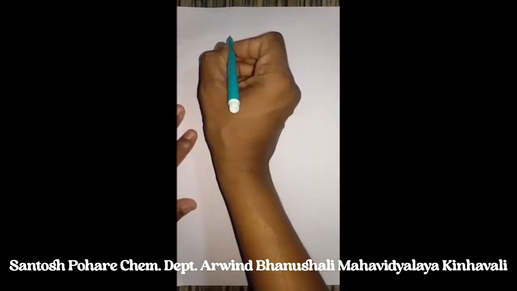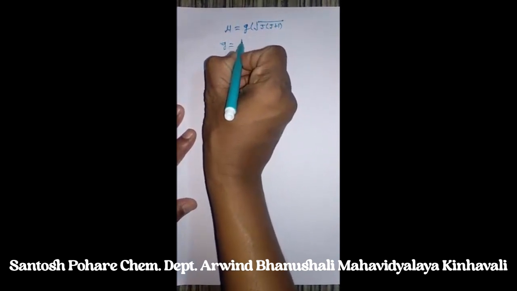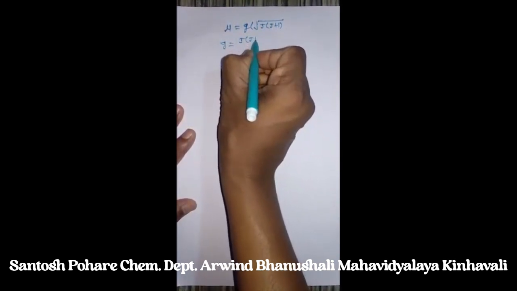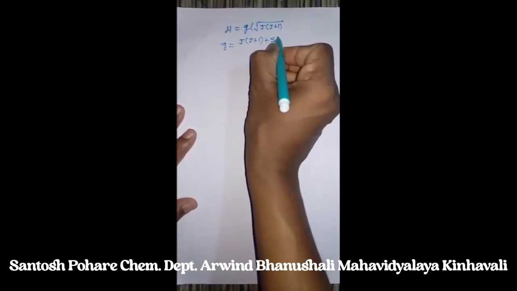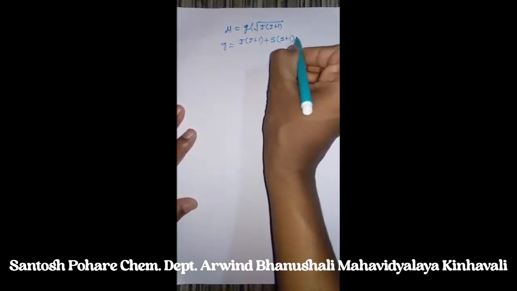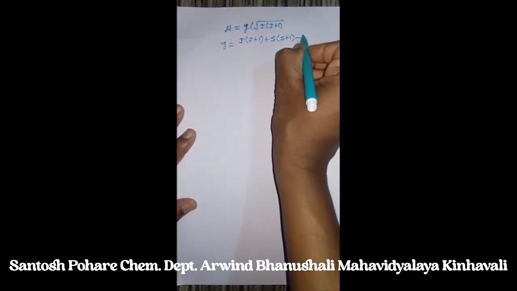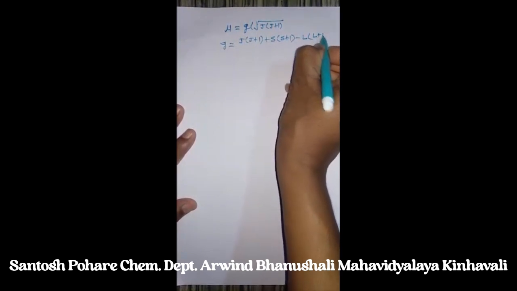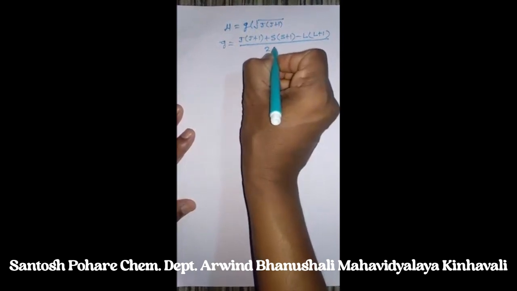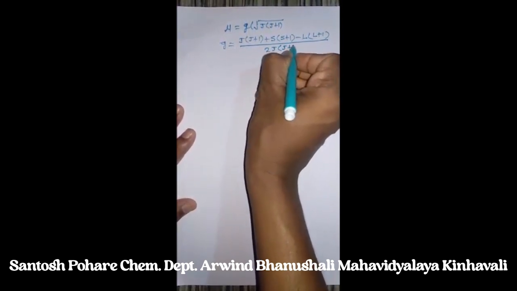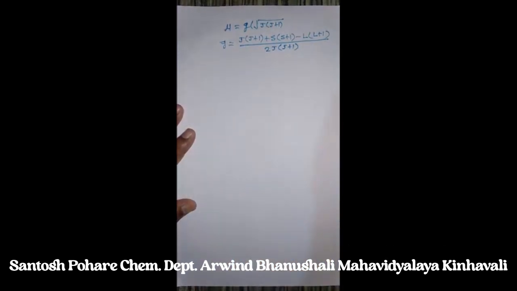So what is our formula? g is equal to 1 plus [J into J plus 1 plus S into S plus 1 minus L into L plus 1] whole divided by 2J into J plus 1. Right? So put the values of all these constants that we obtained.